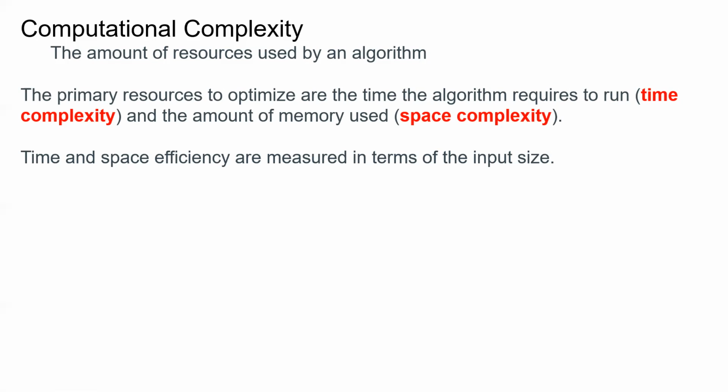If I give it a list of 3 numbers, that's going to take a certain number of steps to sort. But if I give it 100 numbers, it's going to take many more steps to sort a list of 100 than a list of 3. So I would say that the length of my list is my input. How many numbers there are is my input, and it's more complex based upon how many there are.